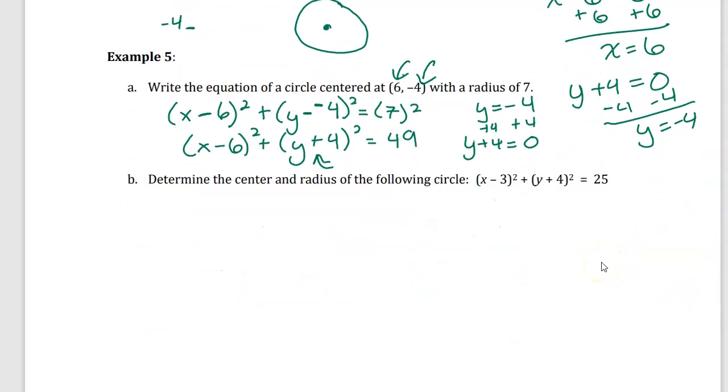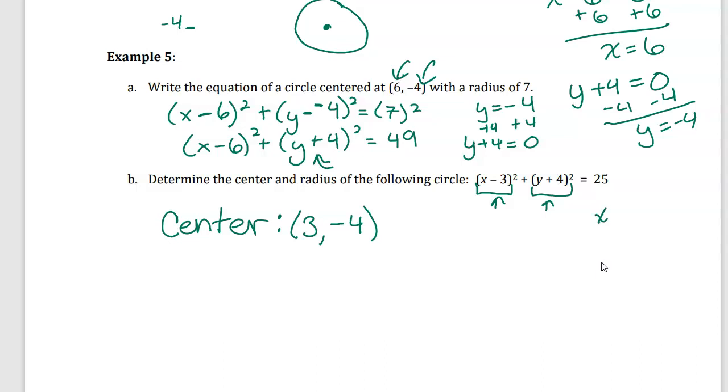Now here, I want to find the center. So the center, if you want to, you can get used to setting each of these equal to 0 and solving. Or you can just remember to use the opposite signs. And so that would be a positive 3 and a negative 4.